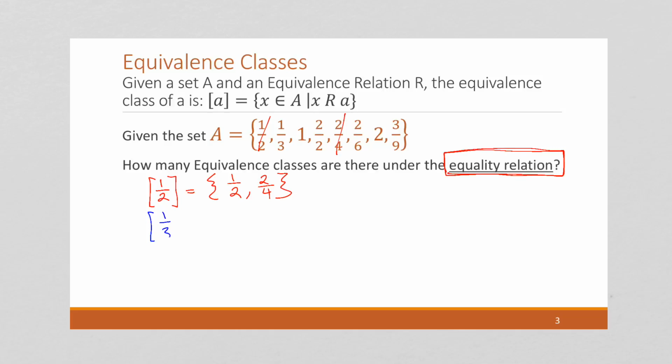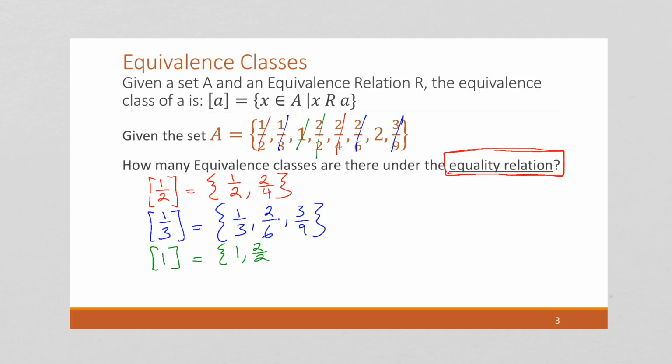And then the next element is going to be 1/3. I'm just going to grab the next element in the set, and it's going to contain itself. And then what else? Well, 2/6 is equal to 1/3. And 3/9 is equal to 1/3. So these are both equivalence classes. Grab the next element, 1, and this is going to be equal to itself, and we have 2 over 2, and that's it.